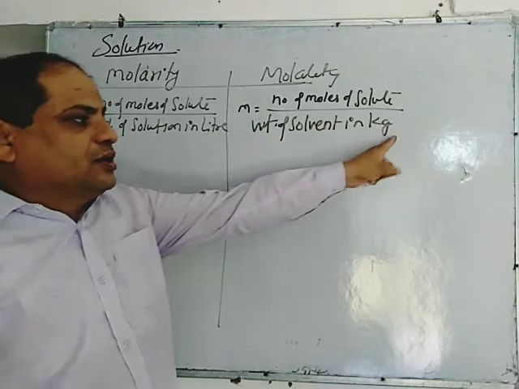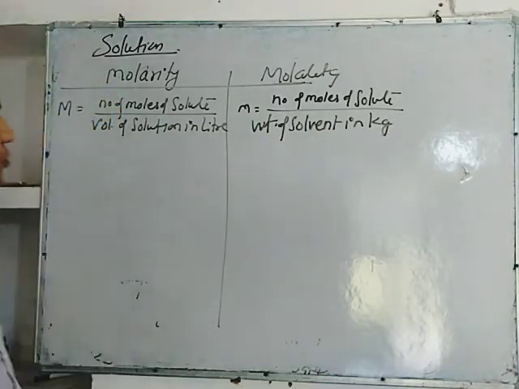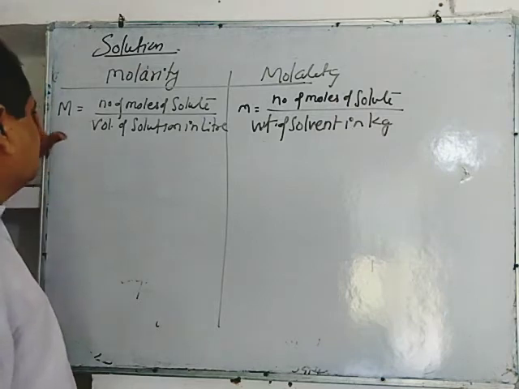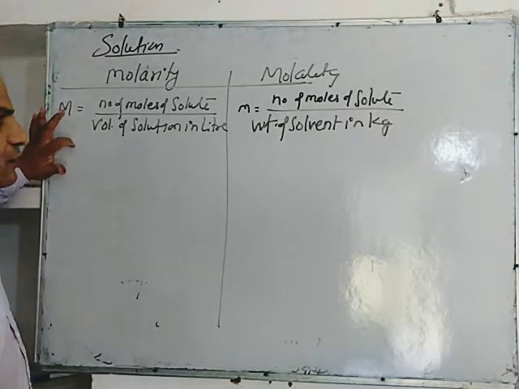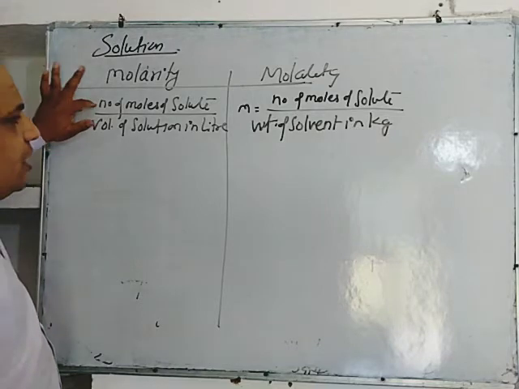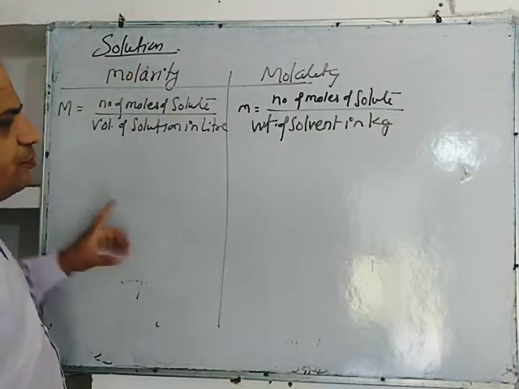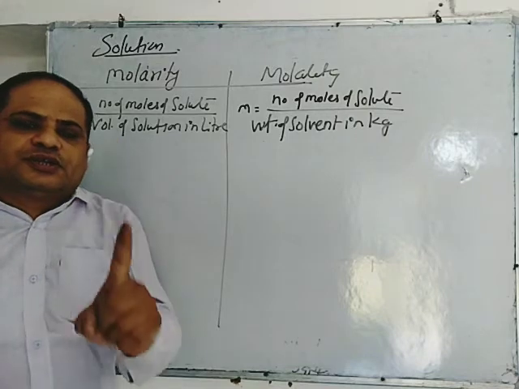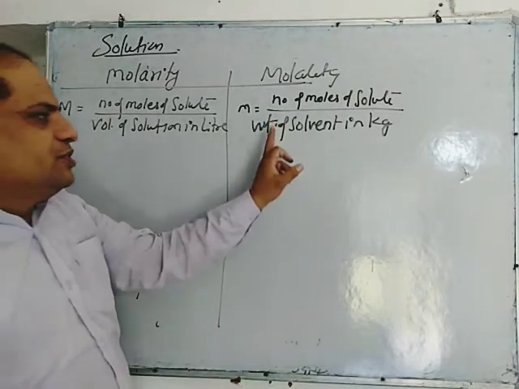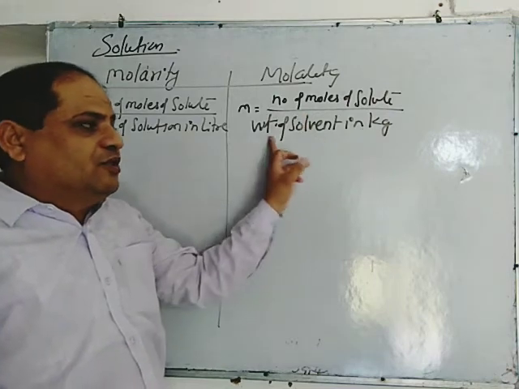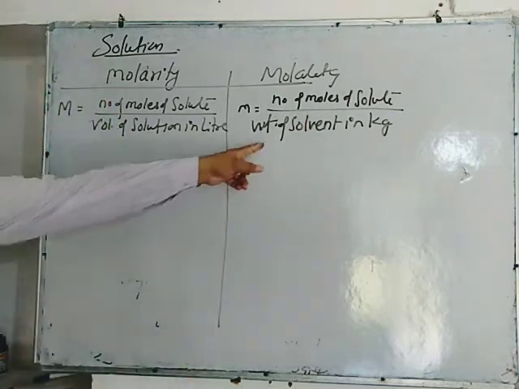Here liter, here kg. So what is the definition of molarity? Molarity is defined as the number of moles of solute present in 1 liter of solution, whereas the number of moles of solute present in 1 kg of solvent is called molality.